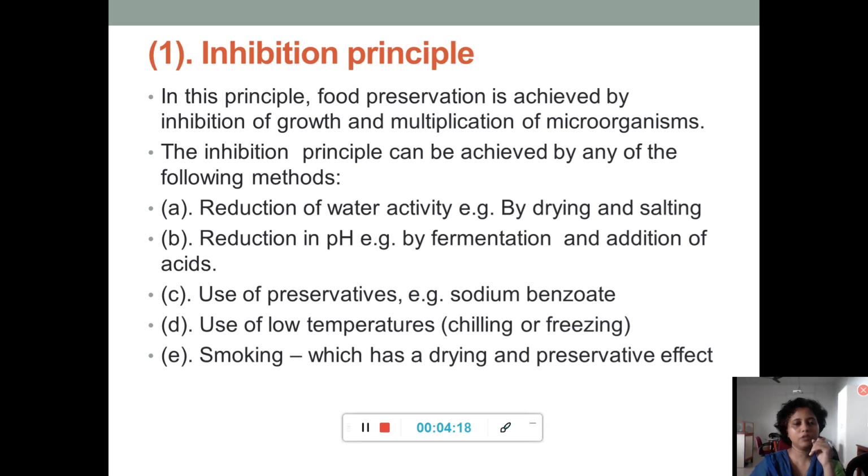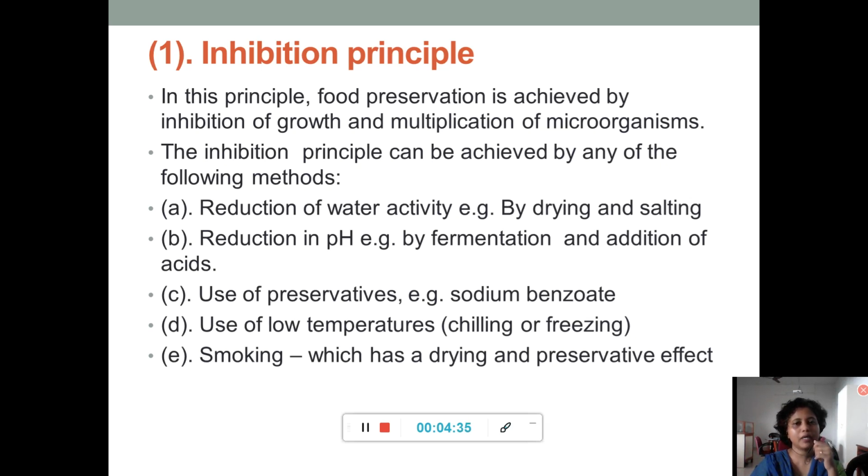The third inhibition principle is the use of preservatives. There are different preservatives. You have natural preservatives as well as chemical preservatives. One commonly used chemical preservative is sodium benzoate, which is added in the foods that we eat.